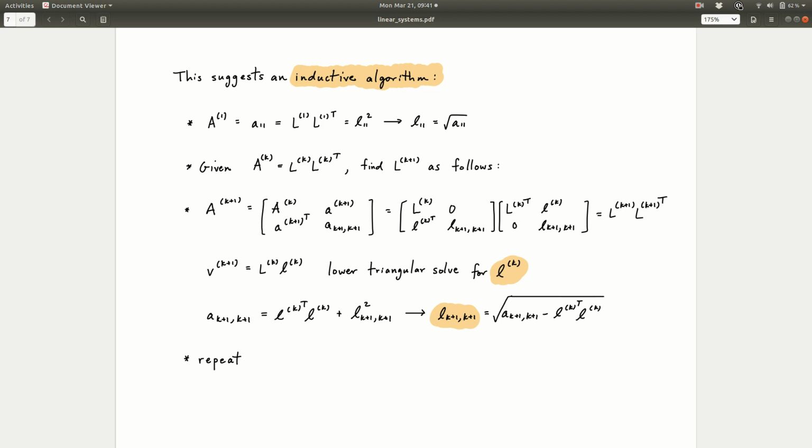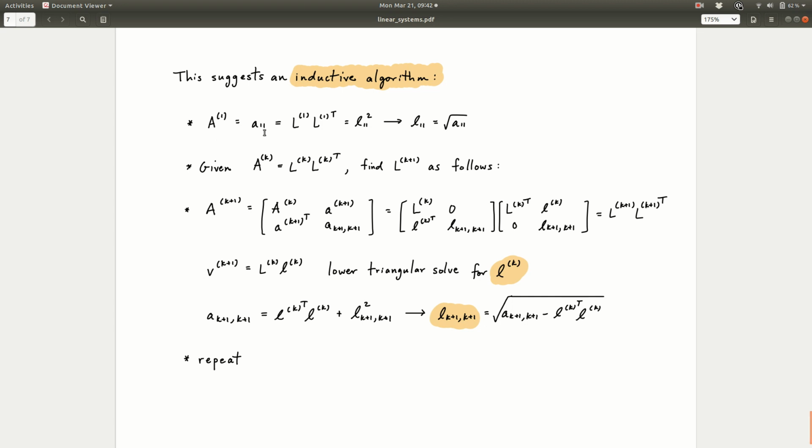So that's what we're going to do. We're going to show it works for the first step. We're going to assume it works for the kth step and show that you can use that to get the k plus 1 step.